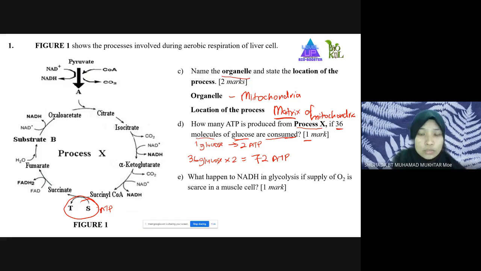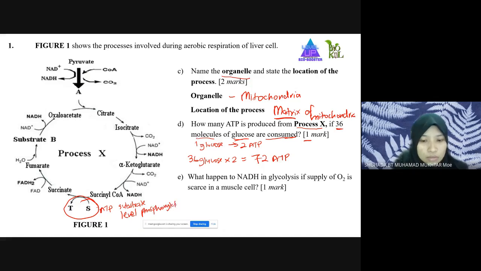Kat sini saya just nak tunjuk macam mana boleh dapat 72 ATP tu, which is 36 glucose times 2. So 1 glucose you got 2 ATP in Krebs cycle. And the process where ATP is produced, ingat nama dia ialah substrate level phosphorylation, kalau dia minta lah.